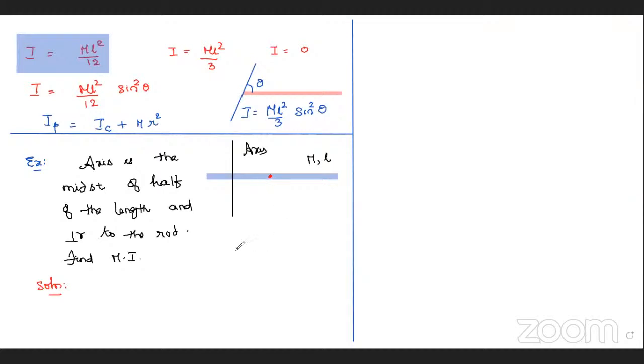What will be this distance? This is at the center of half of the length. Half of the length is L by 2. In that half it is at the center, midst, exactly at the center, which means L by 4.